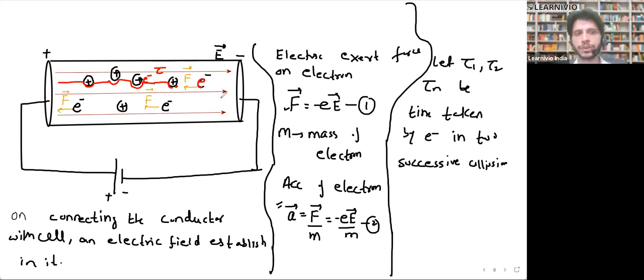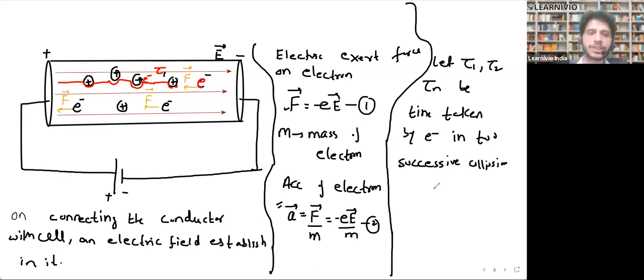Two successive collisions means the electron first collides with this ion and then it collides with the next ion. So the time taken between two collisions is tau 1. For another electron, the time taken between two collisions is tau 2.